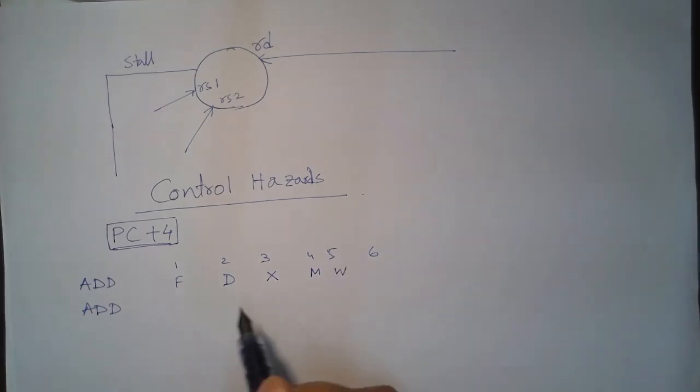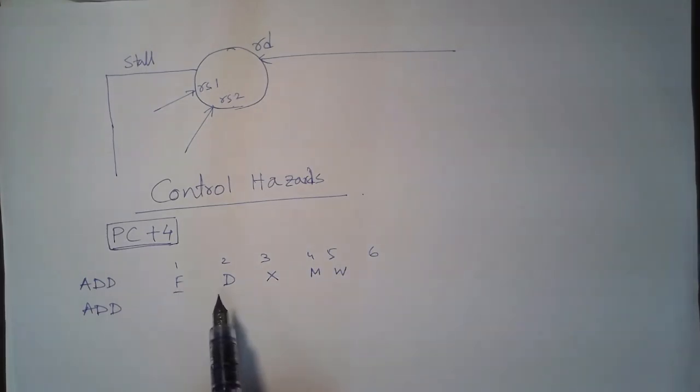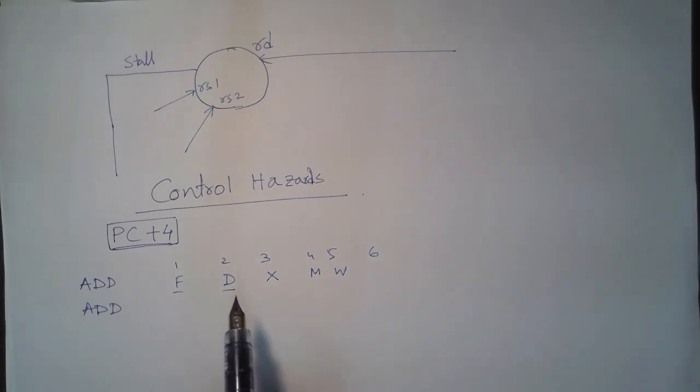Now, think about it. While I have fetched this instruction, I have no clue what this instruction is. When I have decoded in the decode stage, then also I do not know what this instruction is, because I have not read those 5 bits which are denoting the opcode. So, let us say I want to make sure that I do not do something wrong.